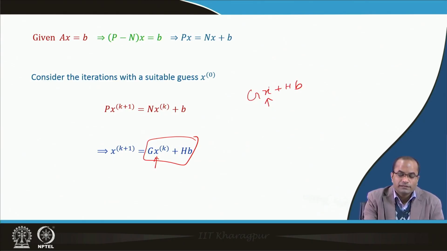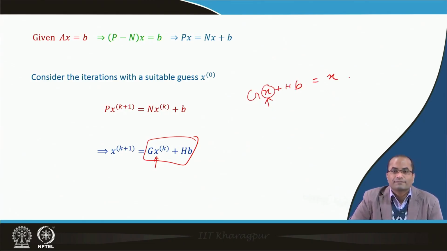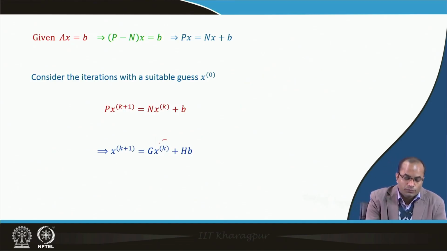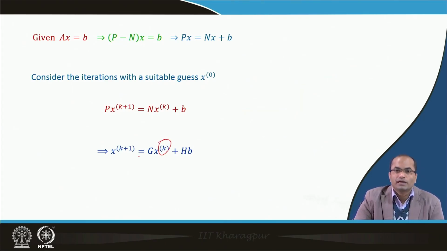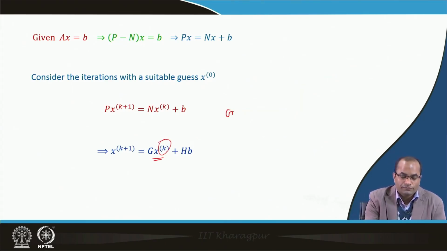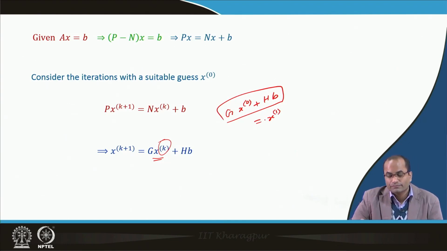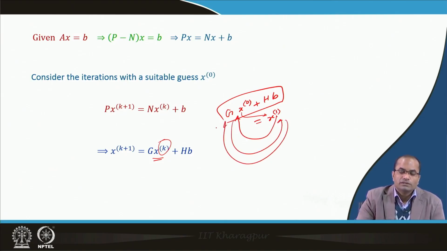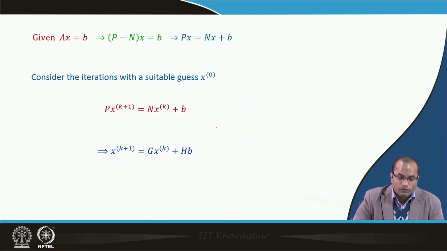So we start with, for example, x 0, multiply it with G, add H b, and call this x 1, which is supposed to be a better approximation than what we chose at the beginning. Then we substitute x 1 and get a new one, and so on. In this way we proceed with the algorithm.